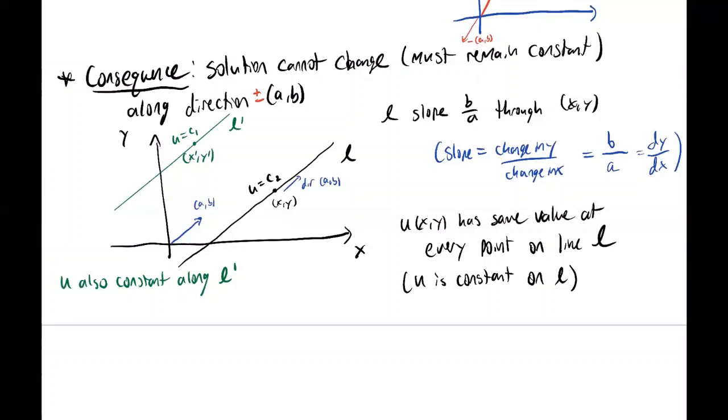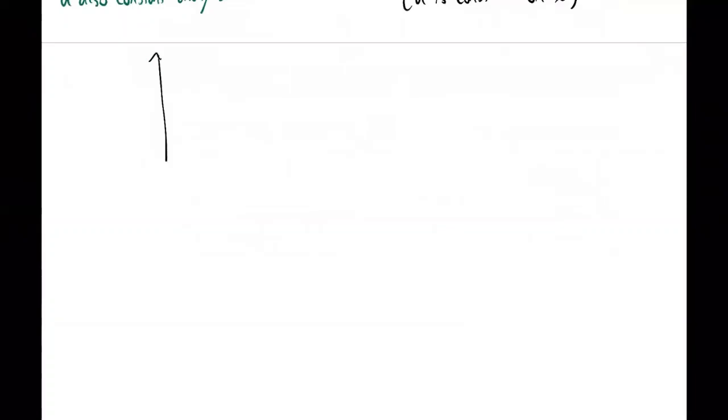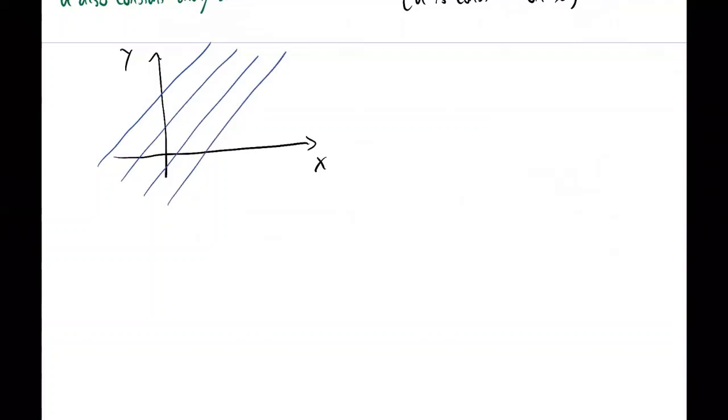Right. And so notice that if I can keep shifting these lines down, I can basically cover the whole XY plane with different shifted versions of lines like this, right? So again, this is my XY plane. I can cover it with lots of different lines which are in direction A comma B, right?